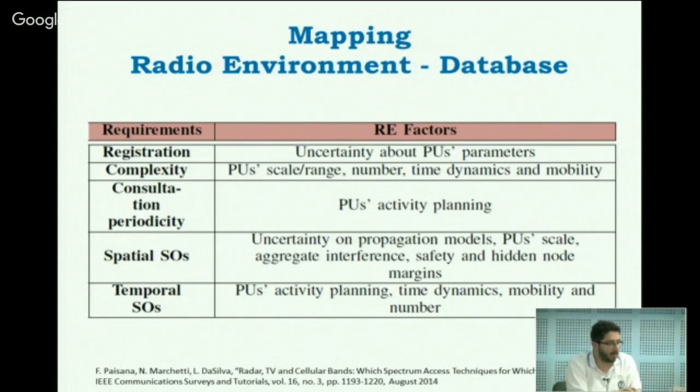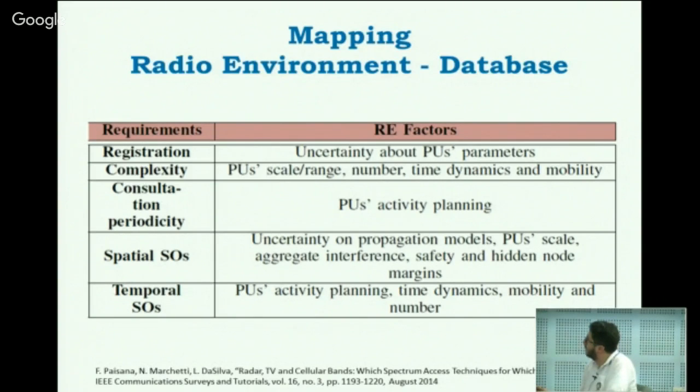Depending on the aggregate interference, you will have different spatial sharing opportunities. Depending on how many primary users you have to monitor for spectrum sharing, you will have a more complex database.